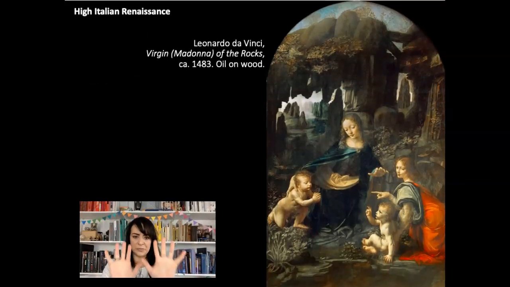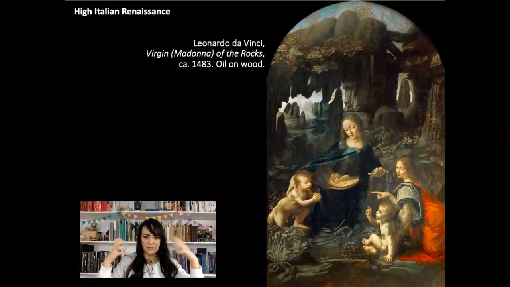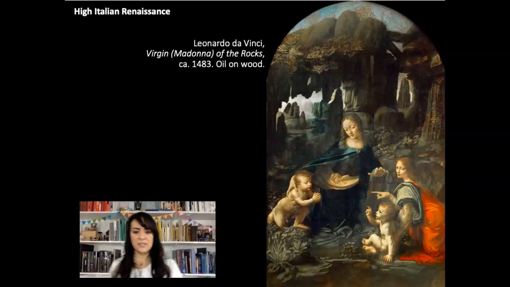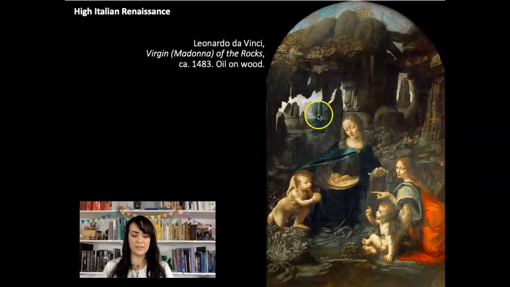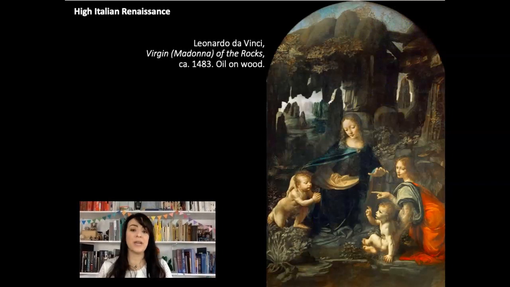We have the figures placed in the front or the foreground, and then we have this rocky landscape in the middle ground, and then way in the distance we see this blue fog coming in, right? What we have is a balanced composition. It's a characteristic of the Renaissance.